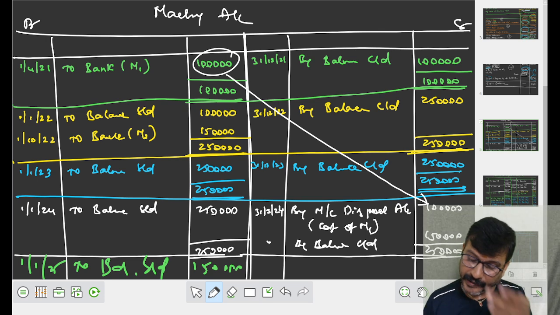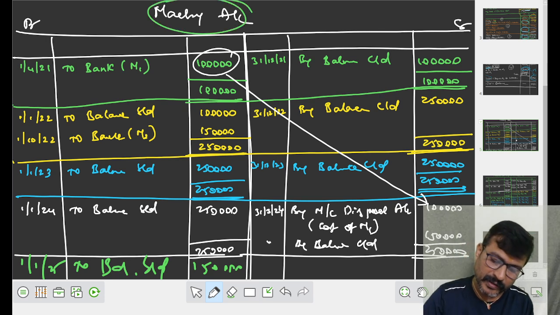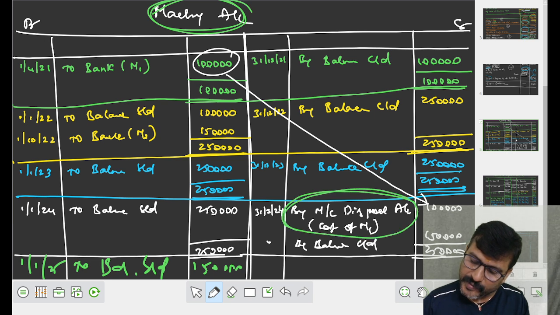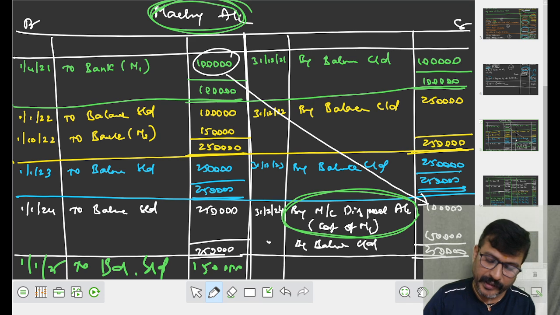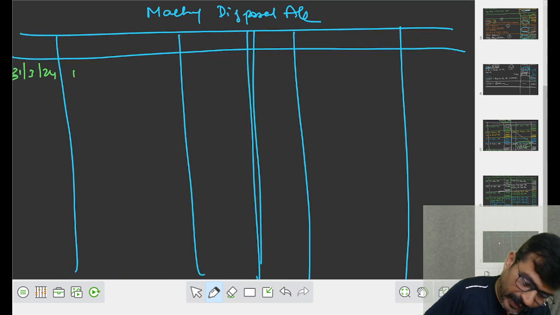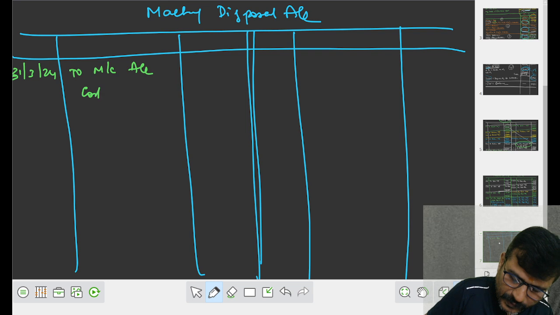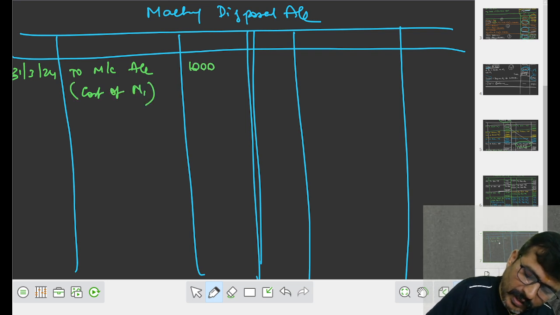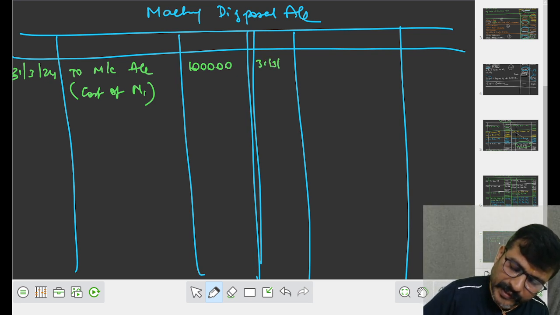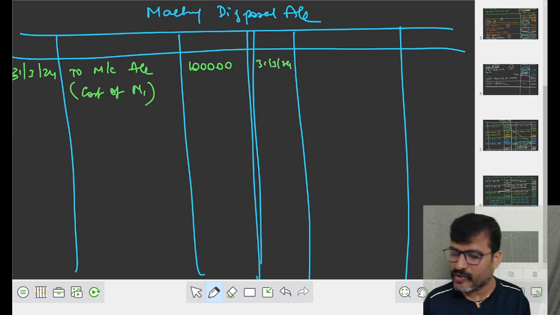See, in machinery account, we have written by machinery disposal. So, in disposal, we have to write to machinery account, that is cost of M1. Cost of M1 is 1 lakh, at the end of the year, same on 31st March 24.